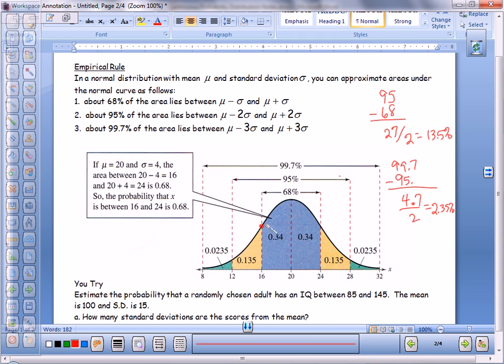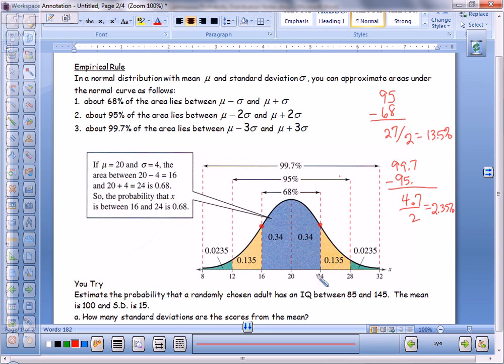And please notice that this is happening at those inflection points on our curve. That is plus or minus 1 standard deviation. So 68% of our data is going to lie between 16 and 24, because that is what the total area of the curve between these two values represents.